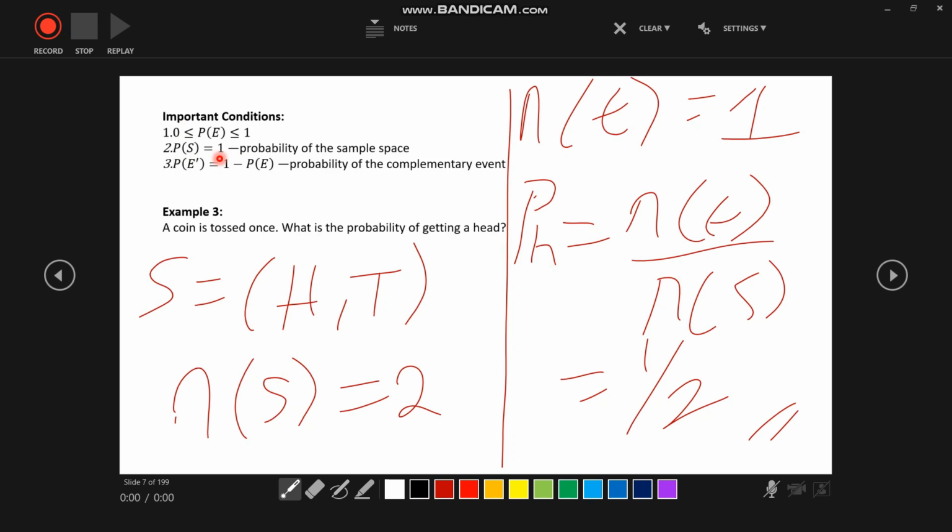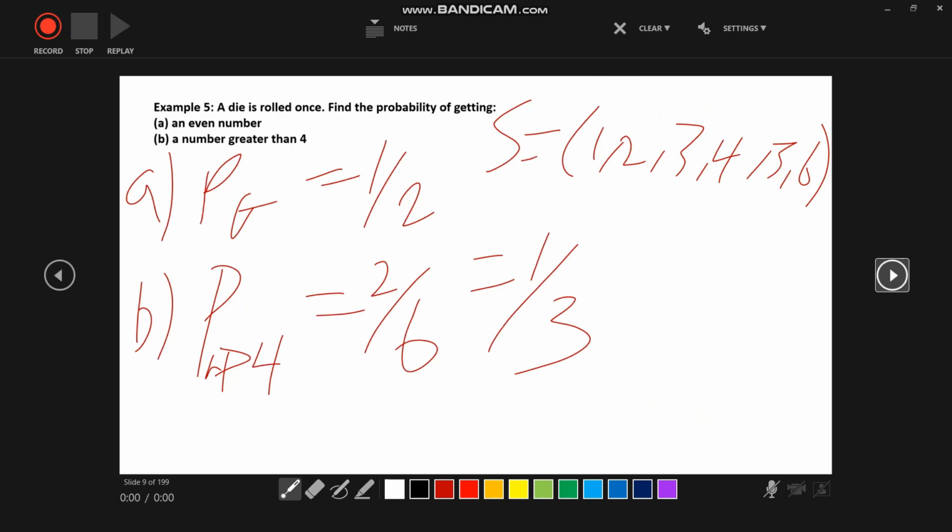The probability of each sample point together is equal to 1. In this example, when we toss a coin once, the sample space is H, T. So the probability of getting H plus the probability of getting T is equal to 1. This is the interpretation of this second condition.